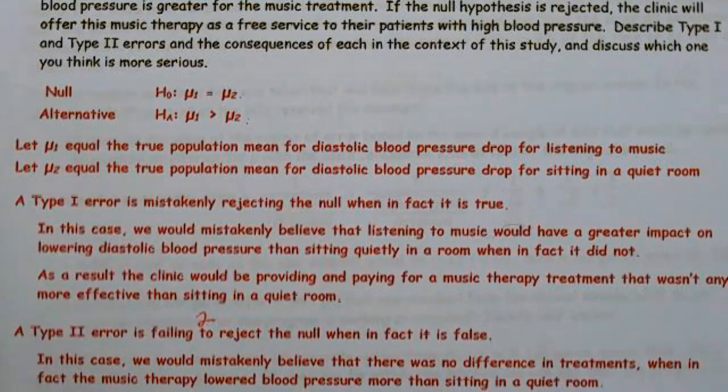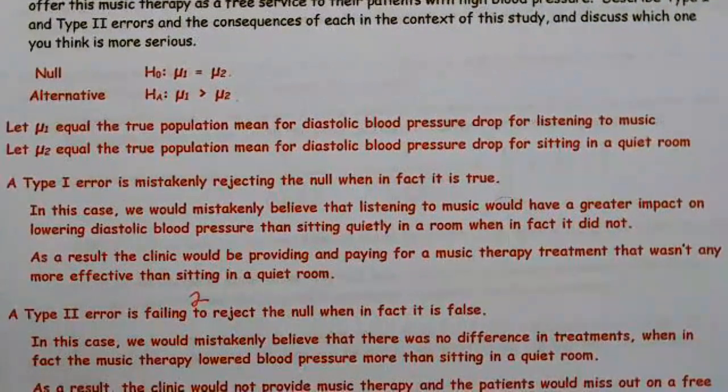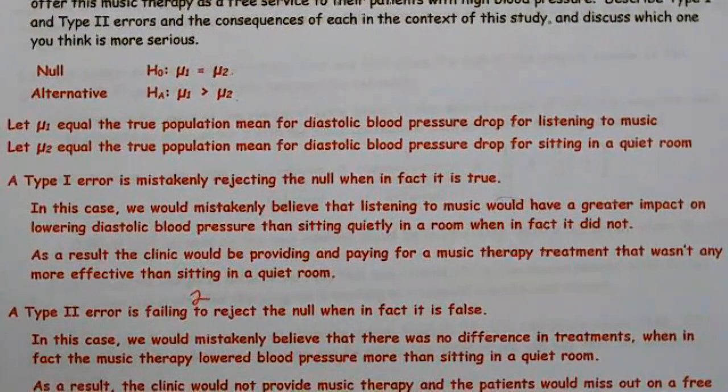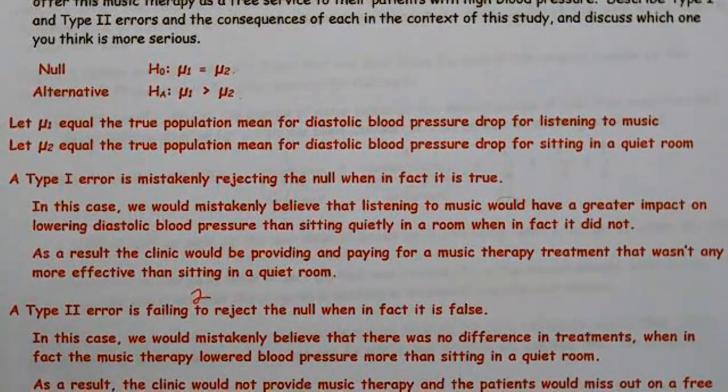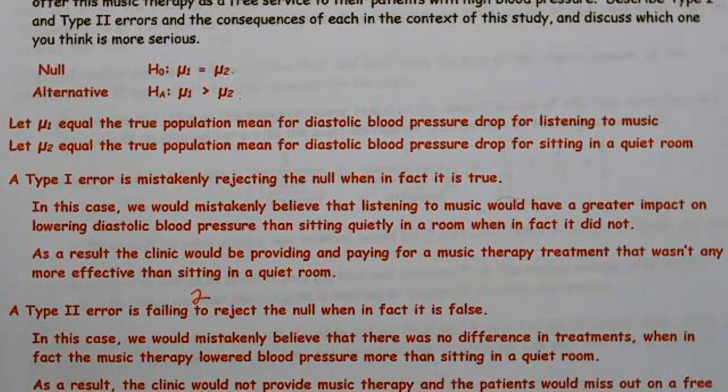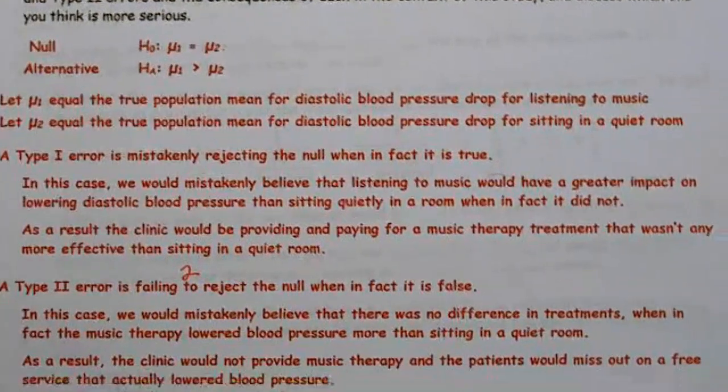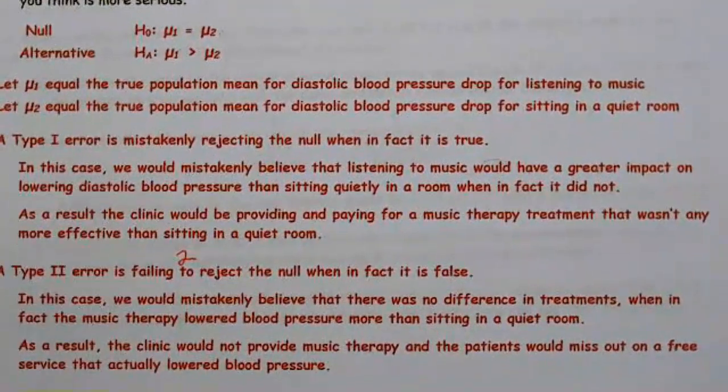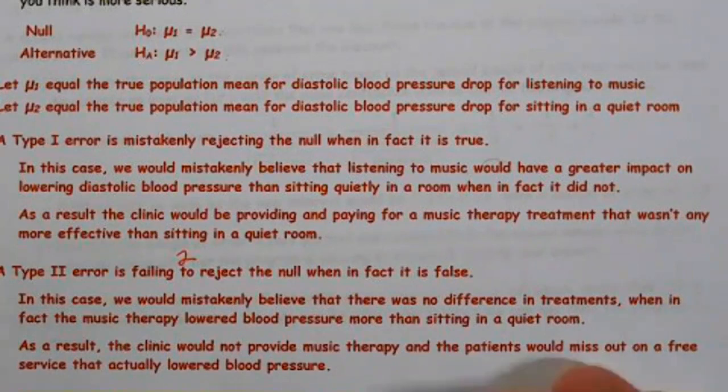So in this case, we mistakenly believed that there was no difference in treatments when in fact the music therapy lowered blood pressure more than sitting in a quiet room. As a result, the clinic would not provide music therapy and the patients would miss out on a free service that actually lowered blood pressure.